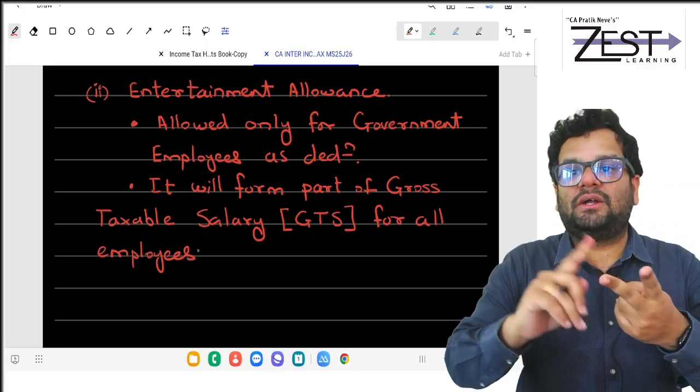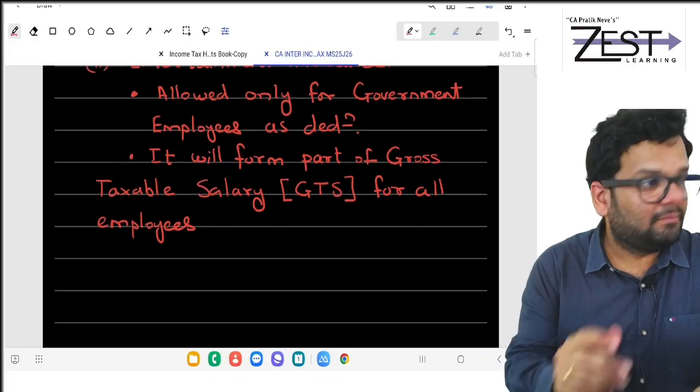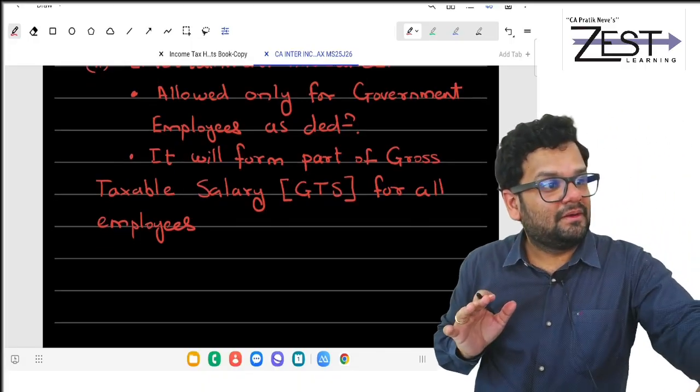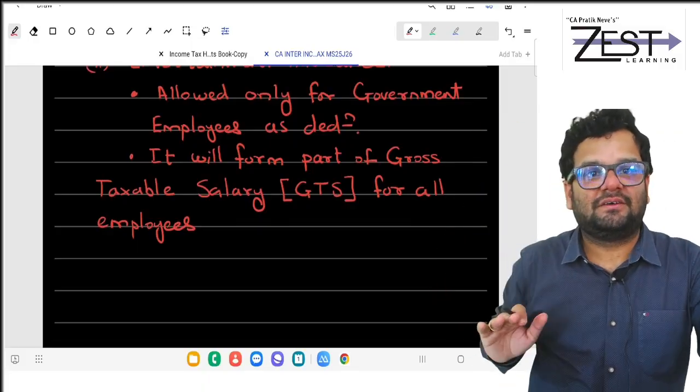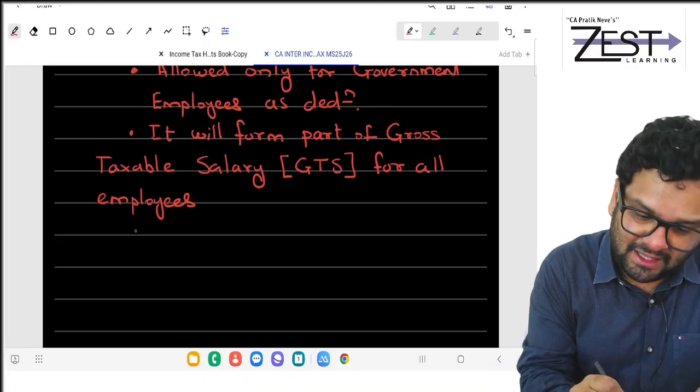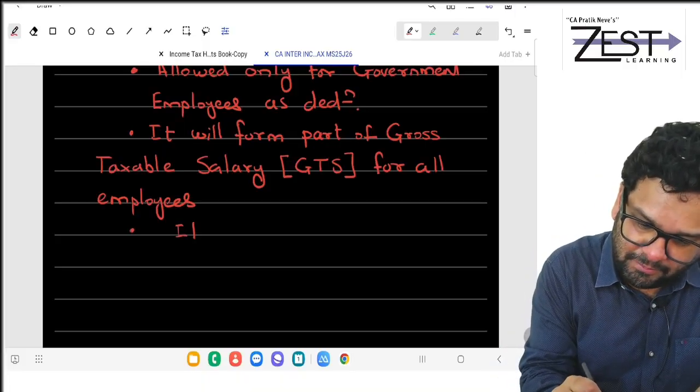Means let them be government, non-government. But deduction for whom? Benefit only for government employees. But it will form part of GTS irrespective.